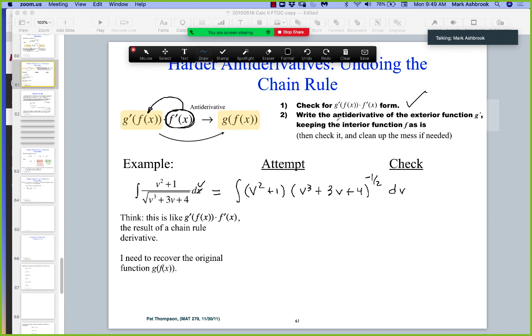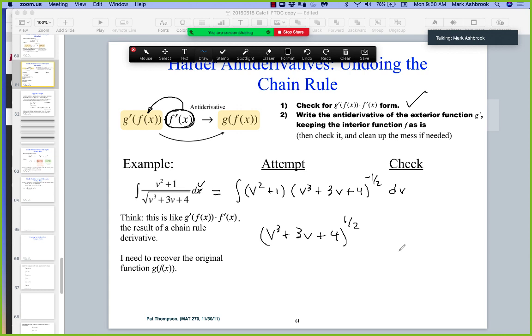So now we're going to write the antiderivative, so this was the derivative of this that popped out in the chain rule. So we're going to do the antiderivative on this one, right? This is our g prime of f. And what's the antiderivative? Well, we're going to raise the power on that. So our first attempt is going to be v cubed plus 3v plus 4 to the positive 1/2.